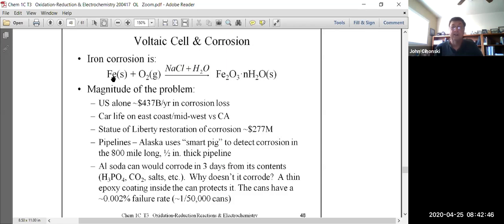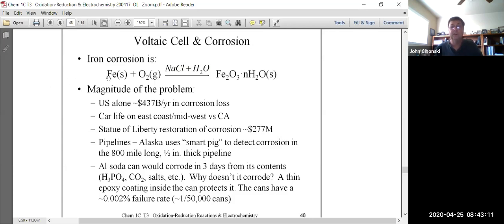We have iron, solid, oxygen, obviously from the air, and I put sodium chloride here, but it could be any salts, and salts are readily available in the environment, as is water. And that will lead to rust. Fe2O3 is generally rust.